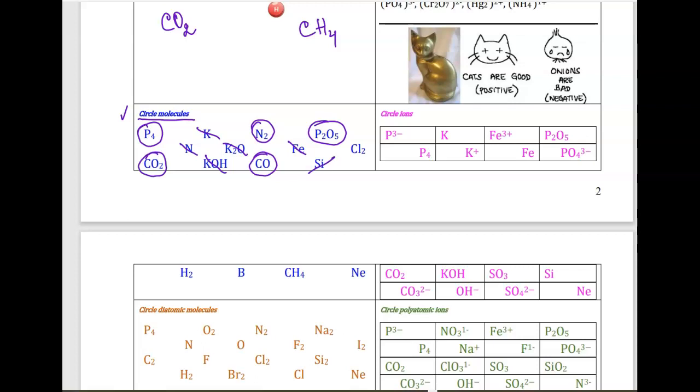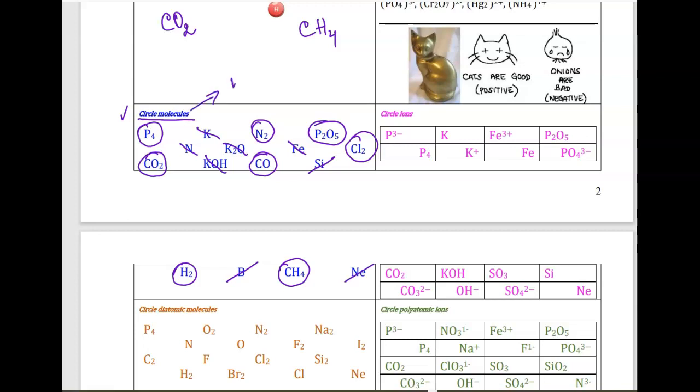Silicon, it's non-metal, yes, but it's not molecular because it's only one atom shown here. And Cl2, yes, it's molecular too. And in addition, H2, boron, no, CH4, and neon, no. Okay. So when you need to choose molecules, you choose non-metals, and plus subscript.